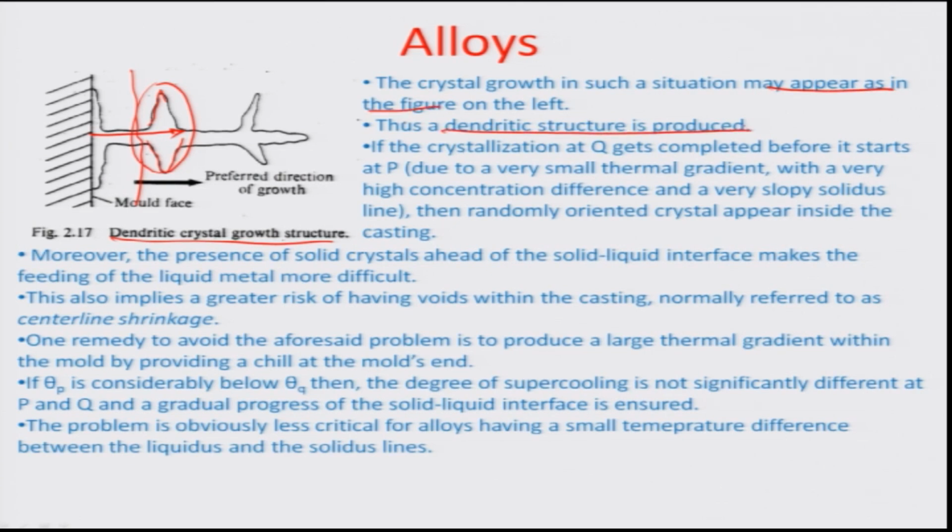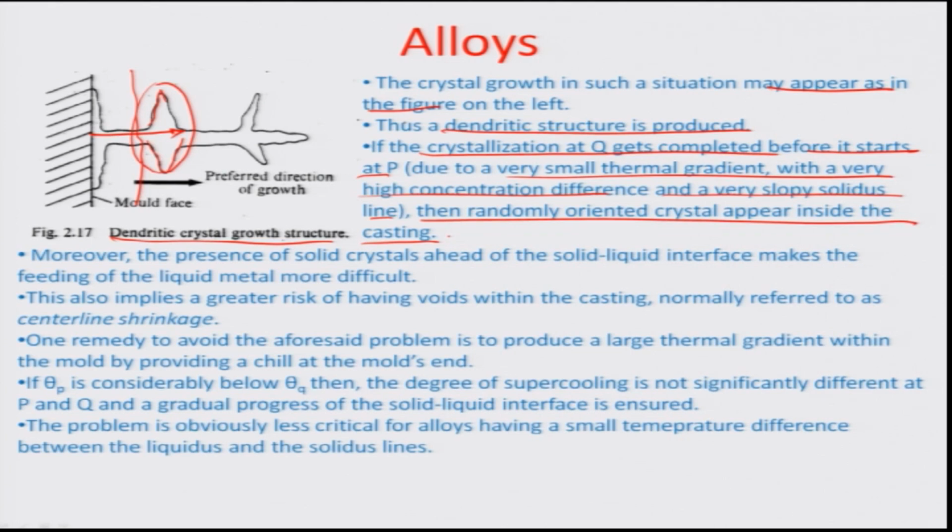Dendritic structure is produced if the crystallization at Q gets completed before it starts at P, due to a very small thermal gradient with a high concentration difference and a very sloping solidus line. Then randomly oriented crystals would appear inside the casting. Okay.